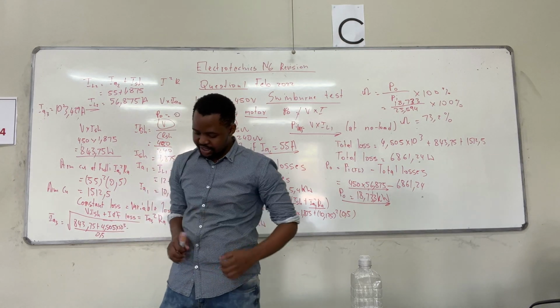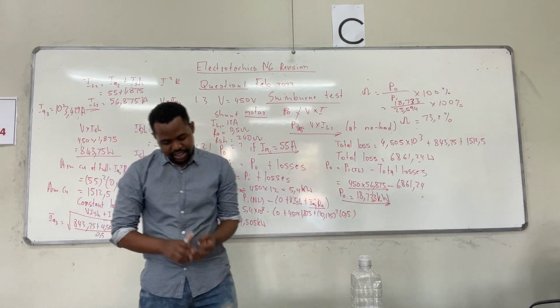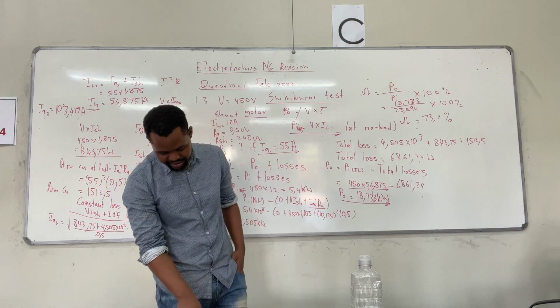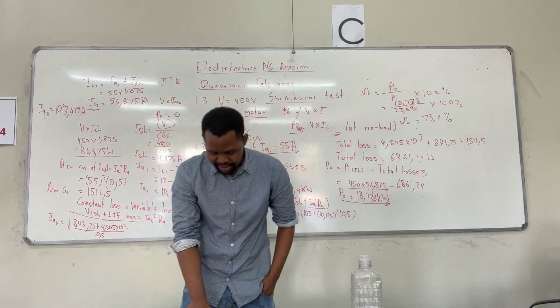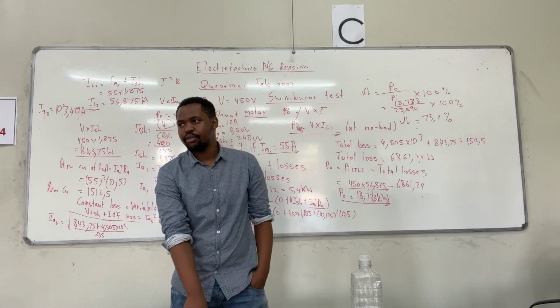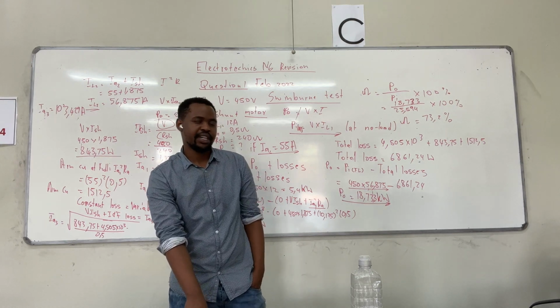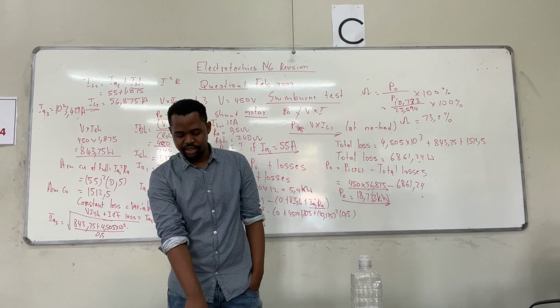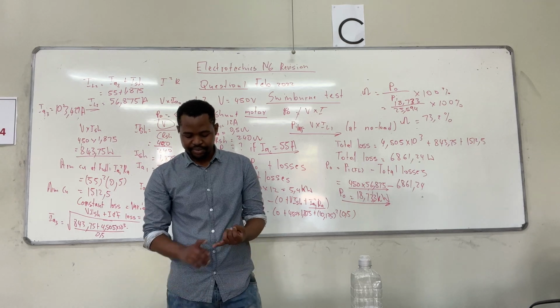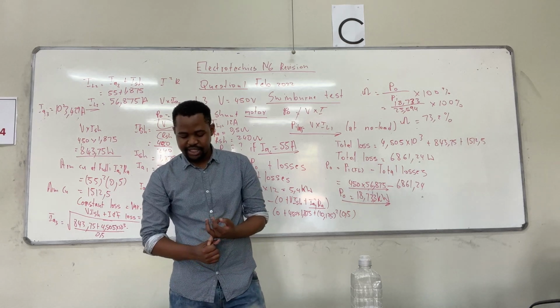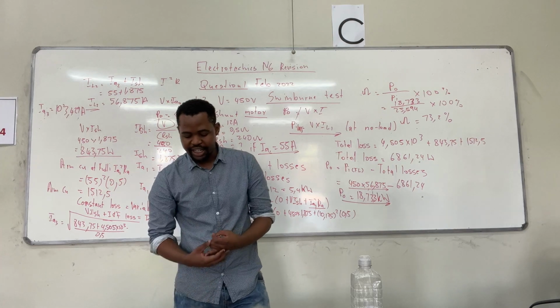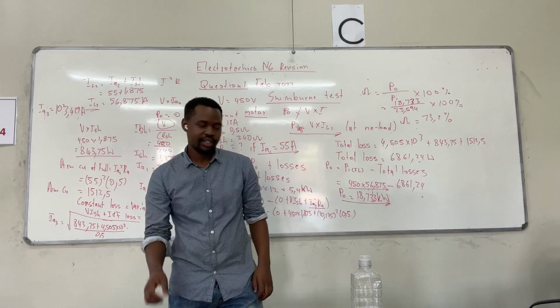Guys, the losses they have there are three. Look, they are having four. The losses they have there are three. We included the armature copper loss at no load.